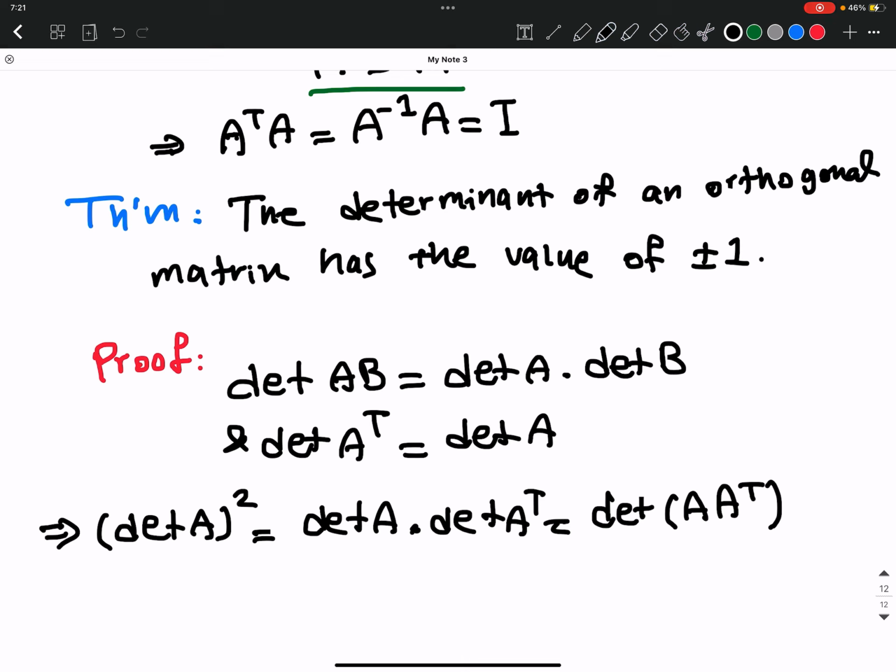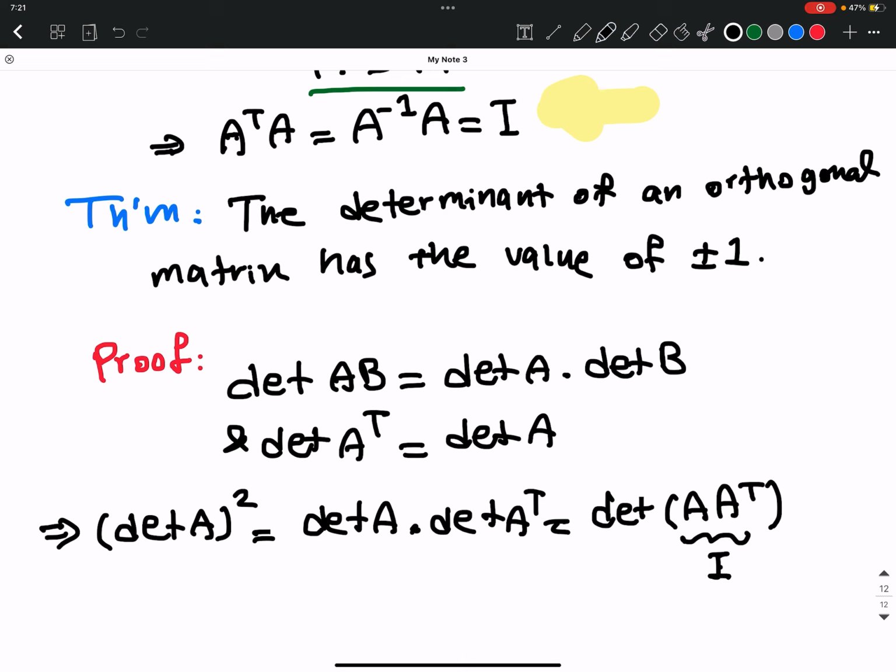And what is A times A transpose? Because this is an orthogonal matrix, based on the definition we made here, this should be I, or the identity matrix, right?